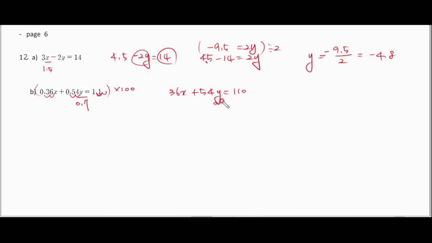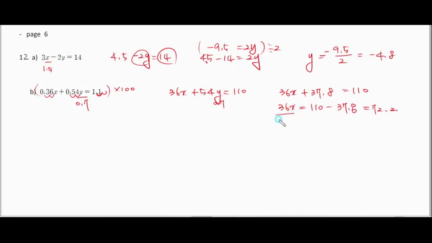So then I'll put 0.7 in the y, then it will be 36x plus 37.8, and this equals 110. So 36x equals 110 minus 37.8, and this equals 72.2.